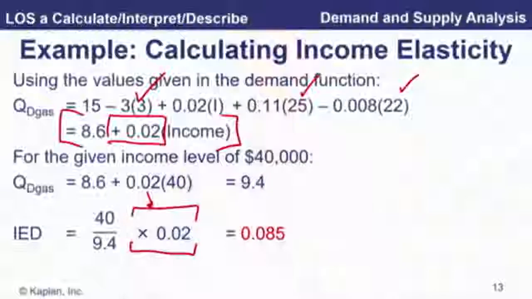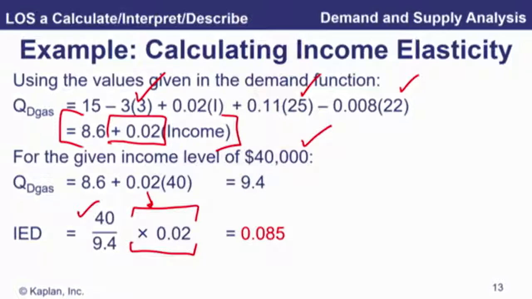So if we're going to calculate the income elasticity of demand, it's going to be our current income level, our current quantity demanded, times the change in income, change in quantity, which is the slope coefficient. That's that trick, that little calculation we talked about earlier. So we have all the information we need. Our current income level is 40,000.